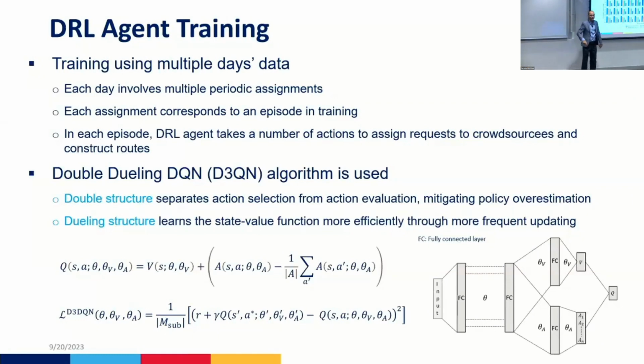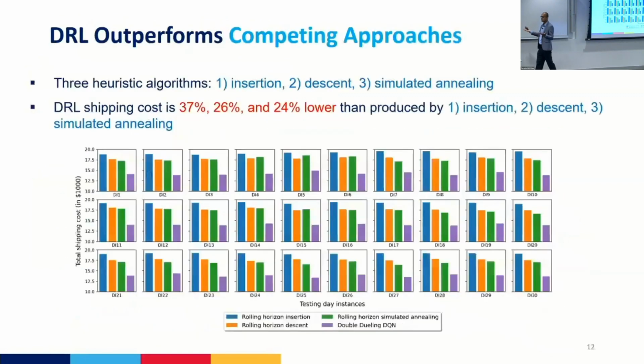The purple bars are, and this, by the way, is just a collection of instances, because different instances have different shipping costs, right? Different situations, different crowdsources, potentially different requests. So I'm just trying to show you that we can do much better than these heuristics.